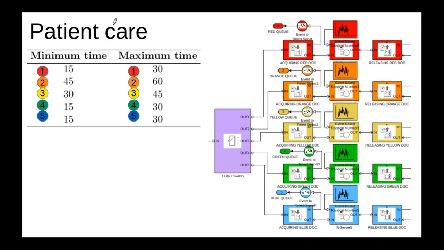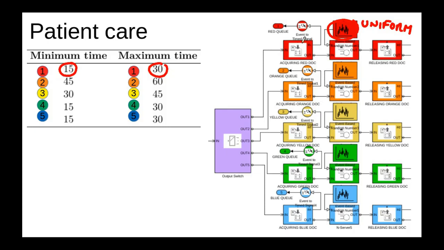What about the patient care? For the red ones, the minimum time is 15, the maximum 30. So here I have a uniform random number, and this uniform random number has a minimum value of 15 and a maximum value of 30.